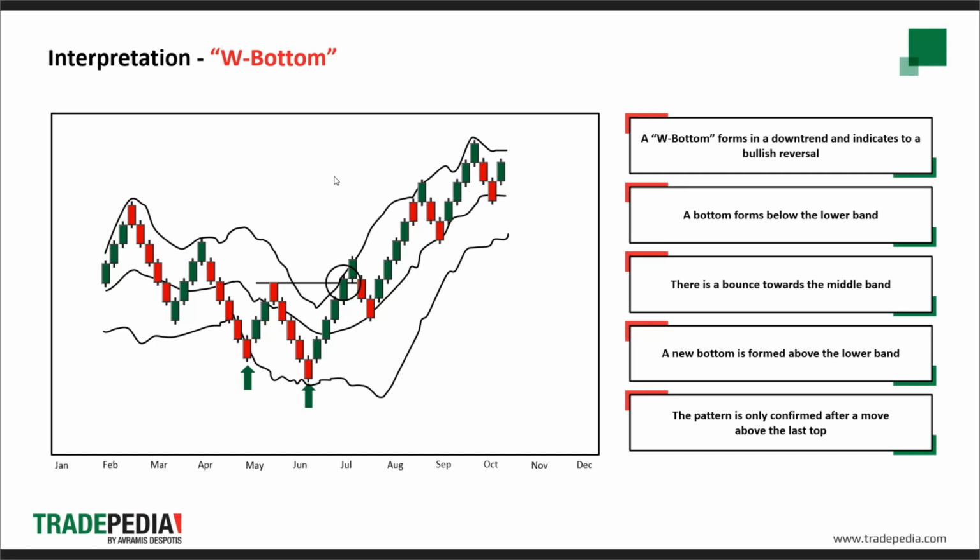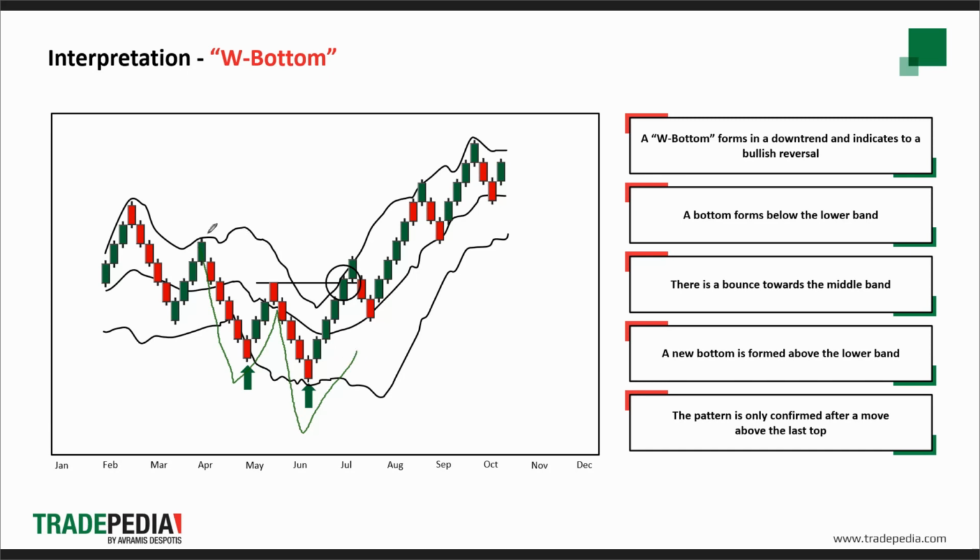Okay, another typical pattern that goes well together with Bollinger Bands is the W bottom and the M top. Let me just take out the pen again. So W bottom, we can see over here, this W forms in a downward trend and indicates a bullish reversal.